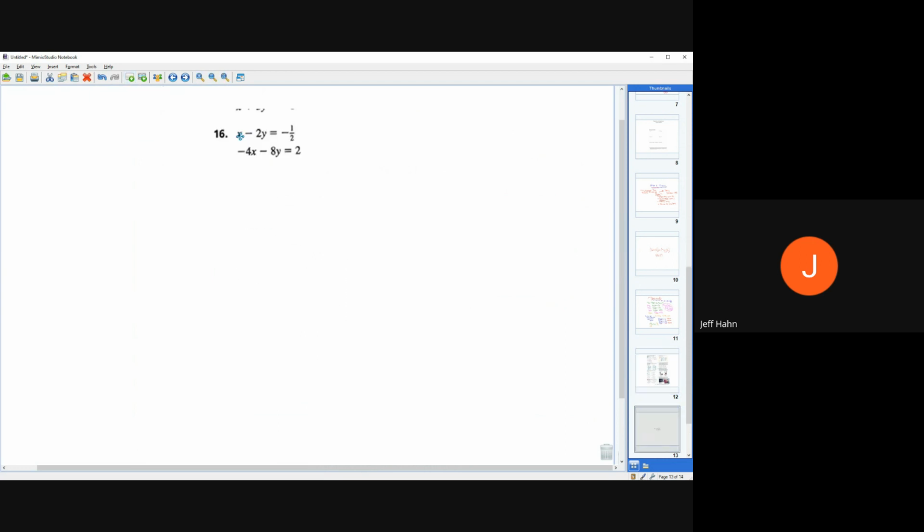All right, so again, I will do this as best I can. These are both in standard form. It's going to be ugly, but let's do it anyways.